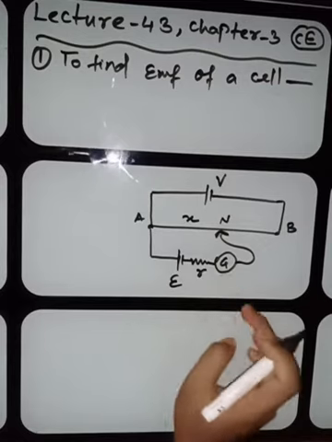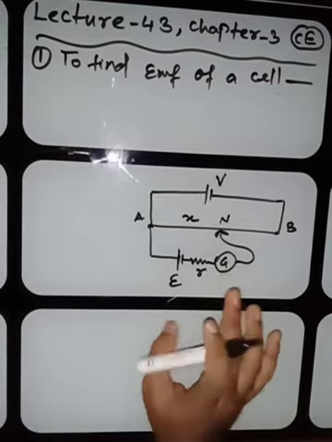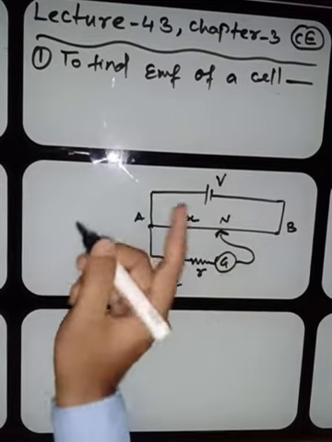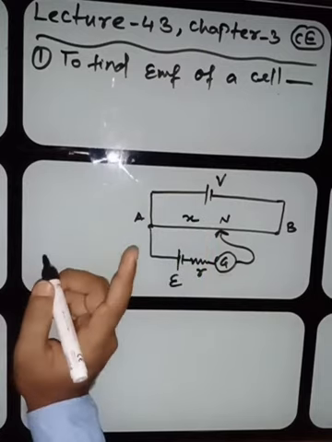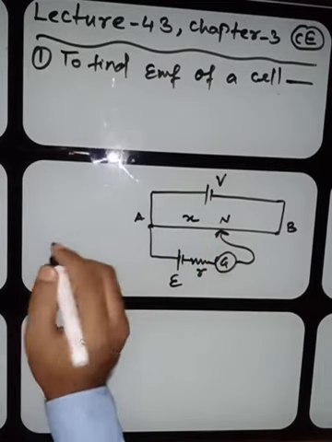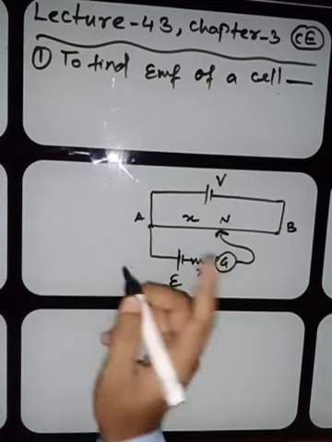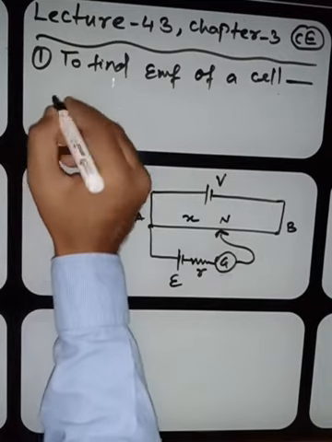Now students, what did we discuss? The first thing was the potential gradient. So here I am writing the potential gradient.